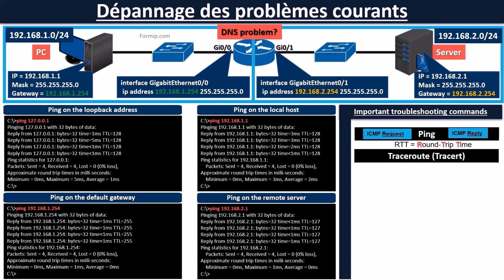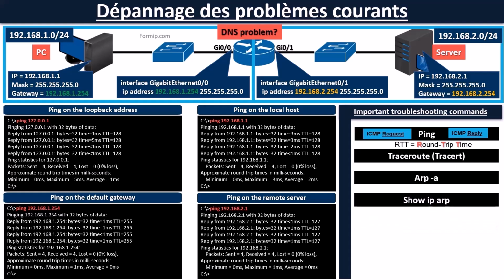The traceroute command will identify the routers that have been crossed and indicate the time between each router, as well as possible packet losses. This information is very useful for diagnosing routing problems, such as loops, that is, IP packets that go in circles.